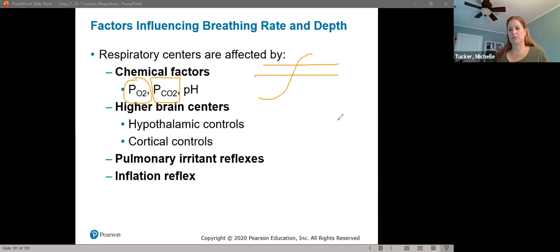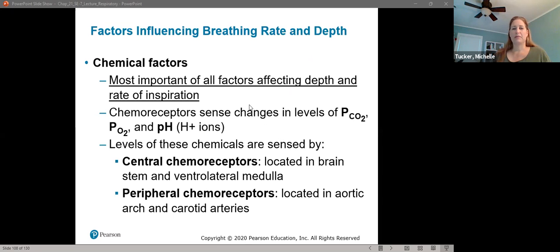And in addition, we haven't gone there yet, but when we get to acid base, it will be more clear as to how and why ventilation is controlled by CO2, partial pressure of CO2. pH can act independently of CO2 and oxygen. So chemical factors are the most important of all factors affecting depth and rate of inspiration.